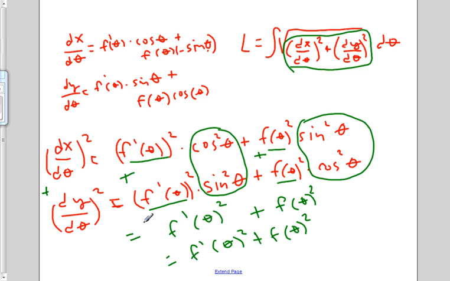So therefore, we can get an expression for L, our arc length.